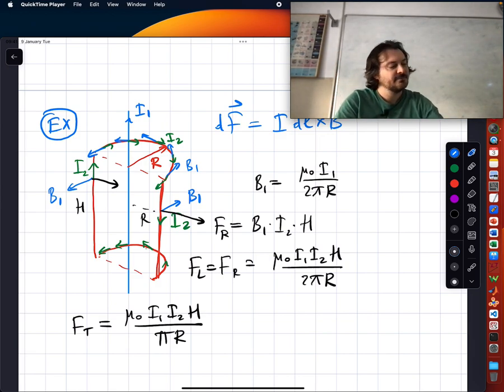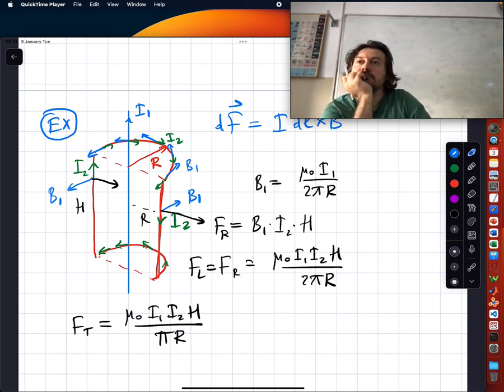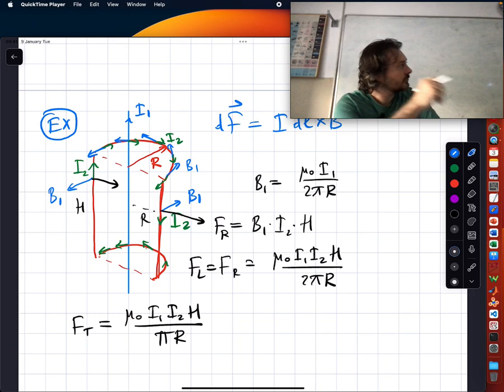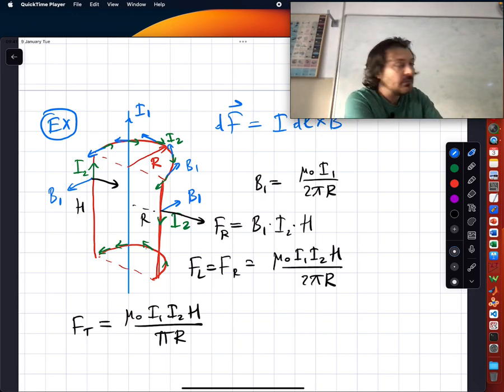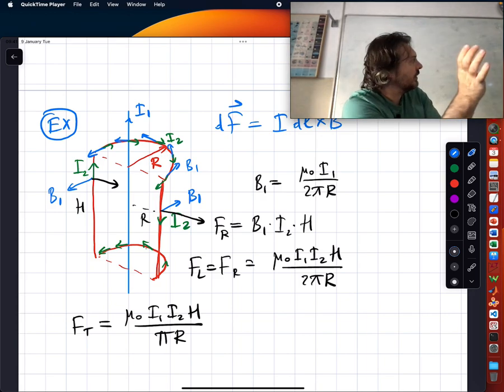Hocam, may I ask a question? For the first magnetic field direction, did we find it correct? Because I'm confused, I think it's into... Put your thumb up.